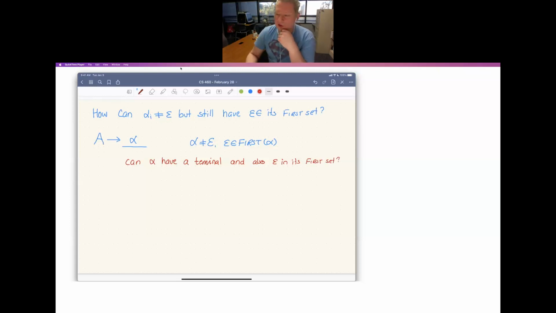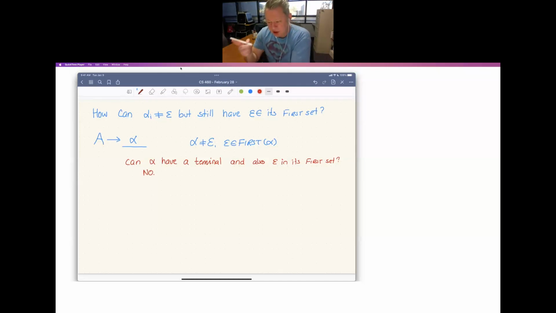No, it cannot, right? Because that terminal sort of works as a roadblock, right? When we're trying to do the first set thing, where we say, okay, epsilon is in the first set of y1, fine, so we'll take the first set of the next guy, and so on and so forth. But if we have a terminal, then we get to a point where there's no epsilon, and we're done, right? So the answer to that is a resounding no.